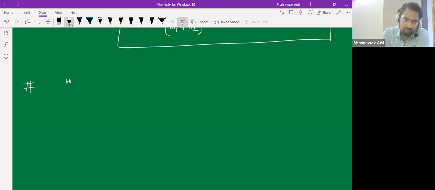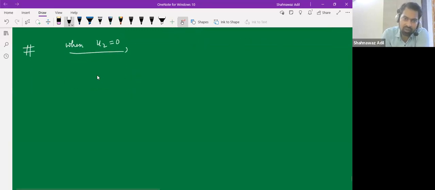So when u2 is 0, then you have two equations. Let me quickly write. From momentum conservation, M1 U1 equals M1 V1 plus M2 V2.